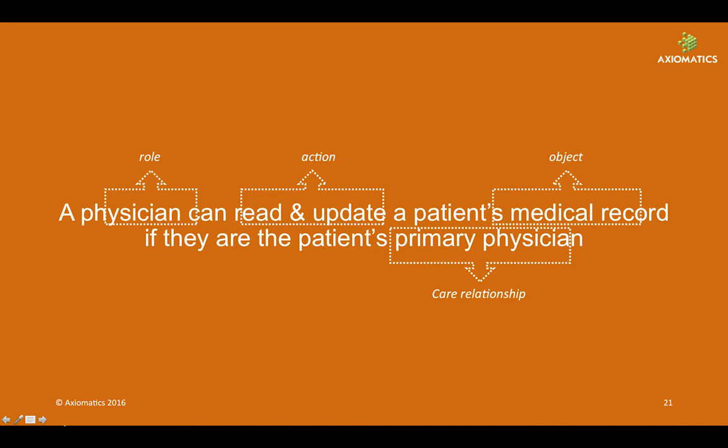It's an important aspect to look at because this is one of the powerful things that can be modeled in an ABAC world, and it's very, very difficult, if not impossible, I would say, to model in a role-based access control model.